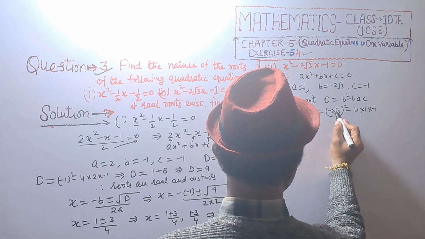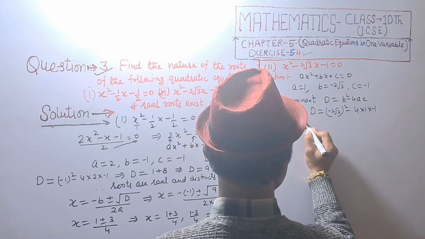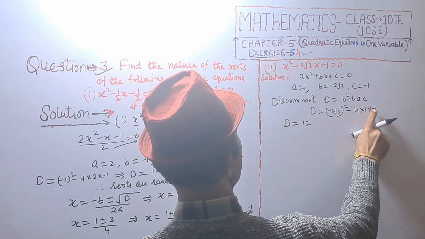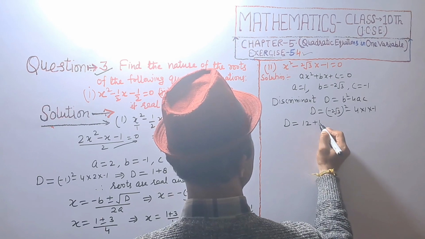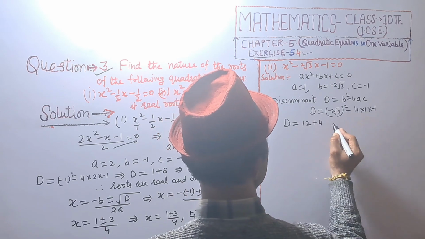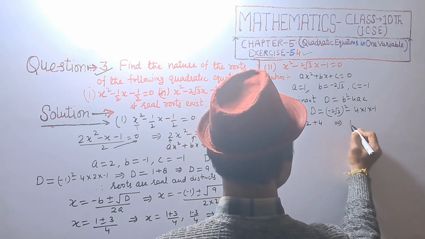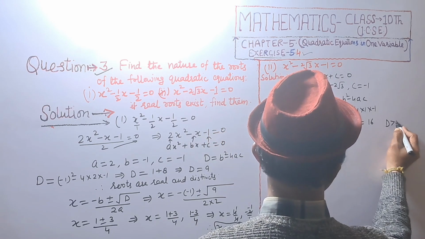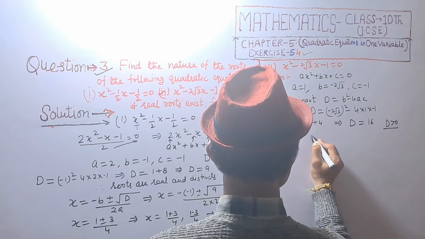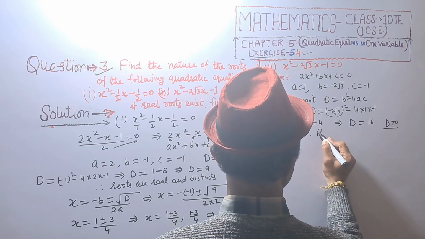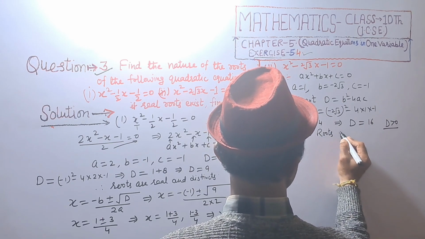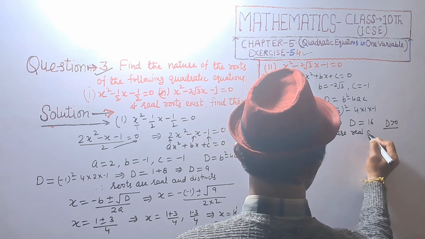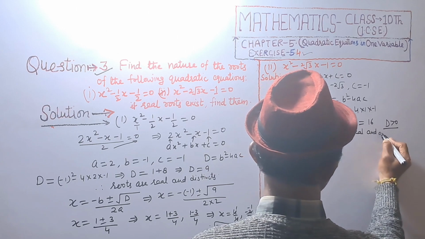Discriminant D is equal to 2 2s are 4, 4 3s are 12, that is positive 12, and 4 1s are 4, which implies discriminant D is equal to 16. When D is greater than 0, then roots are real and distinct.